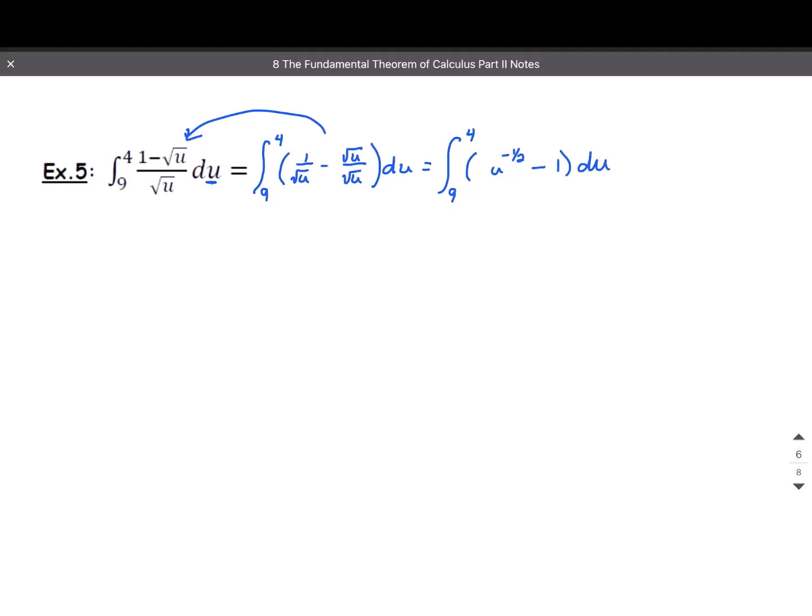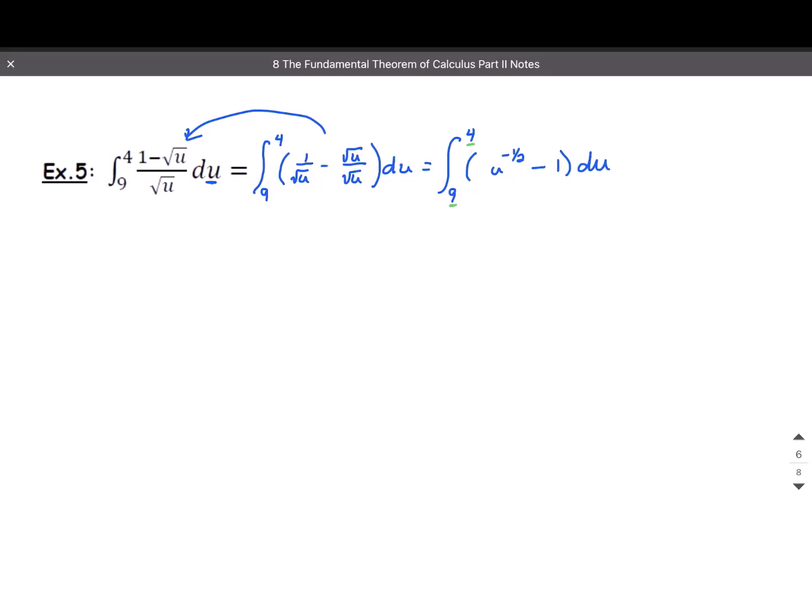Now, I also want to make note here, this is an integral going from 9 to 4. And up to this point in our calculus that we've done so far, we always had to have the lower limit first. We don't have to do that. That was because we were finding the areas from the graphs and we read left to right. And if we went backwards, we had to negate it.